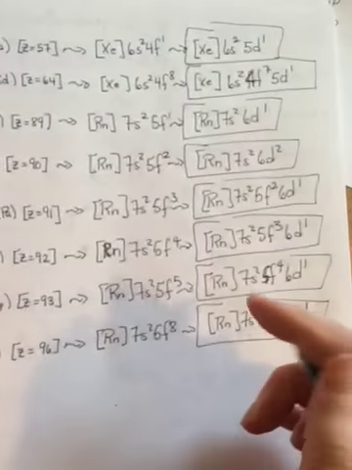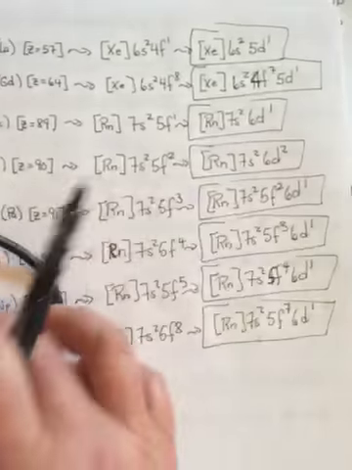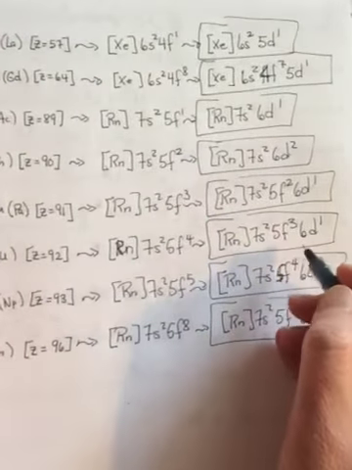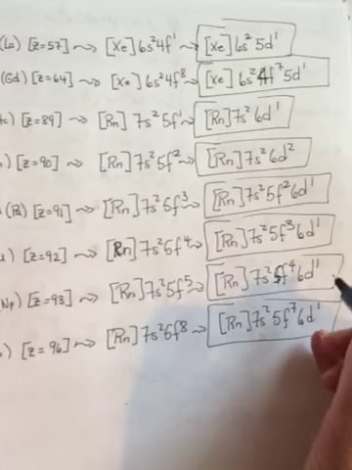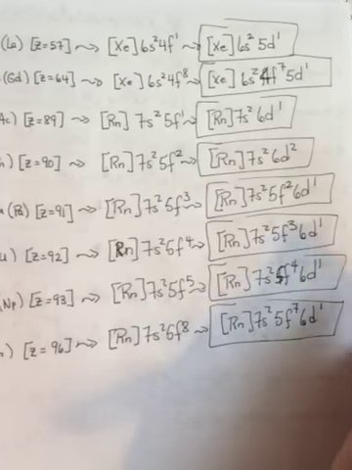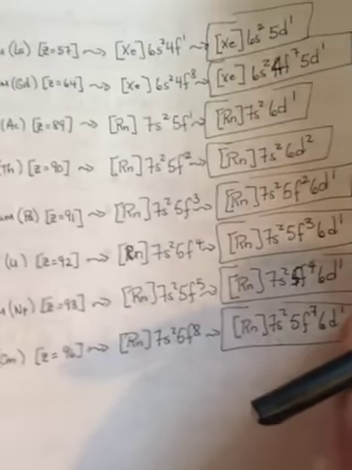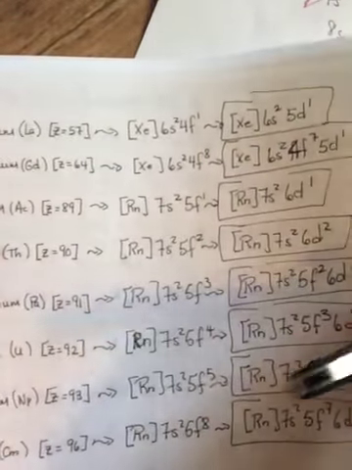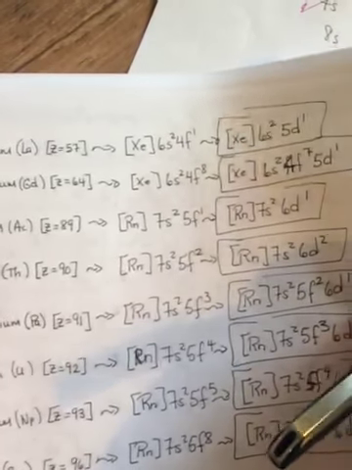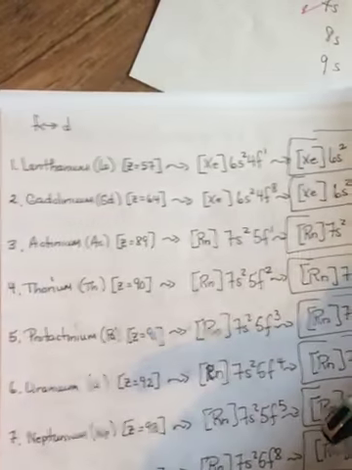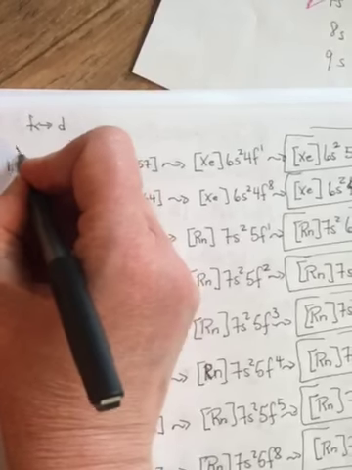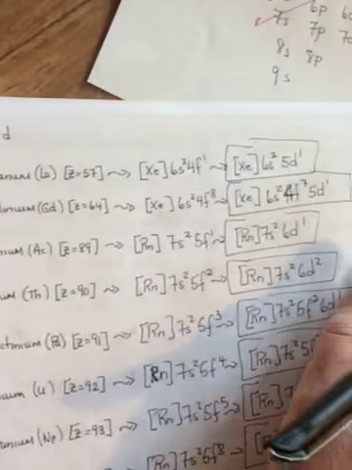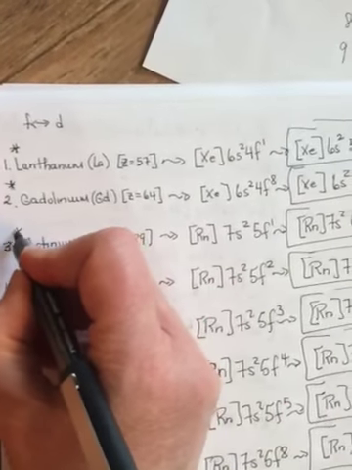So if the f is close to empty, then the d will take it. Or if the f is close to half full, just a little bit over half full, the d will take it. So it's taking ones from the f. Again, I wouldn't expect you to recognize the exceptions of the exceptions, but lanthanum obeys, gadolinium obeys, actinium.